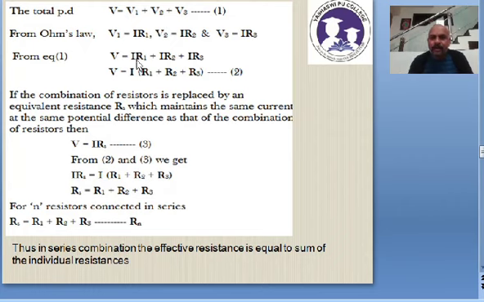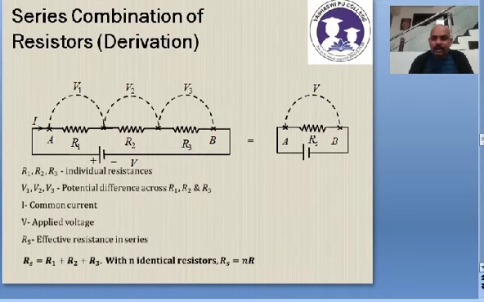Now substituting for V1, V2 and V3 in the equation 1, you will get V is equal to IR1 plus IR2 plus IR3. Take I common, V is equal to I into R1 plus R2 plus R3, that is the equation number 2. Now see that, apply the Ohm's law for this equivalent resistor.